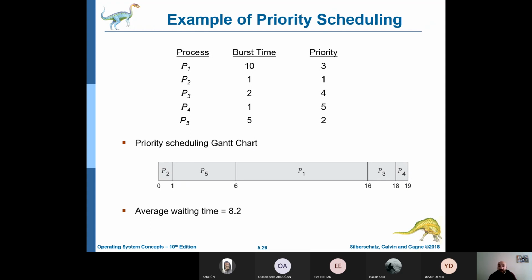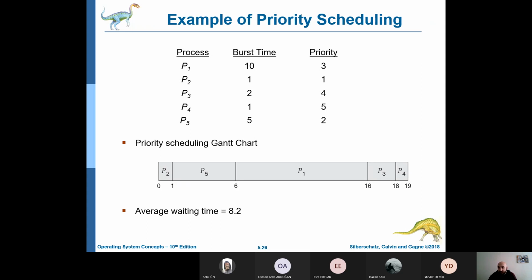Using priority scheduling, we will schedule these processes according to this Gantt chart. P2 has the highest priority, so we start with P2, whose burst time is 1. After 1 millisecond, we have to pick a new process from our ready queue, and we check the priorities.